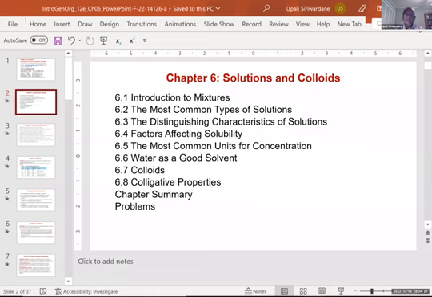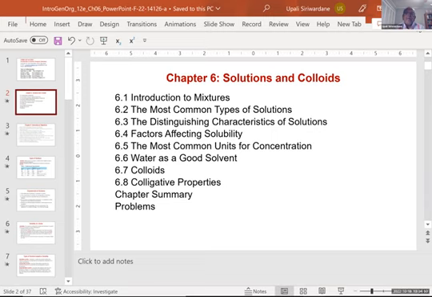Last chapter, we went over gases, liquids, and solids. Most of it is on gases. So in this chapter, we're going to look at solutions and colloids.